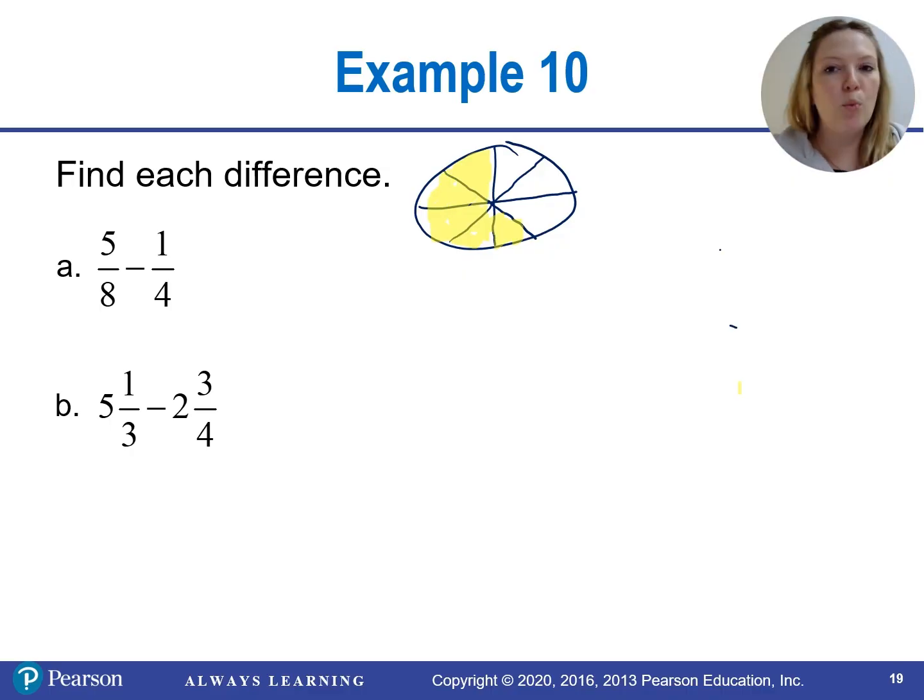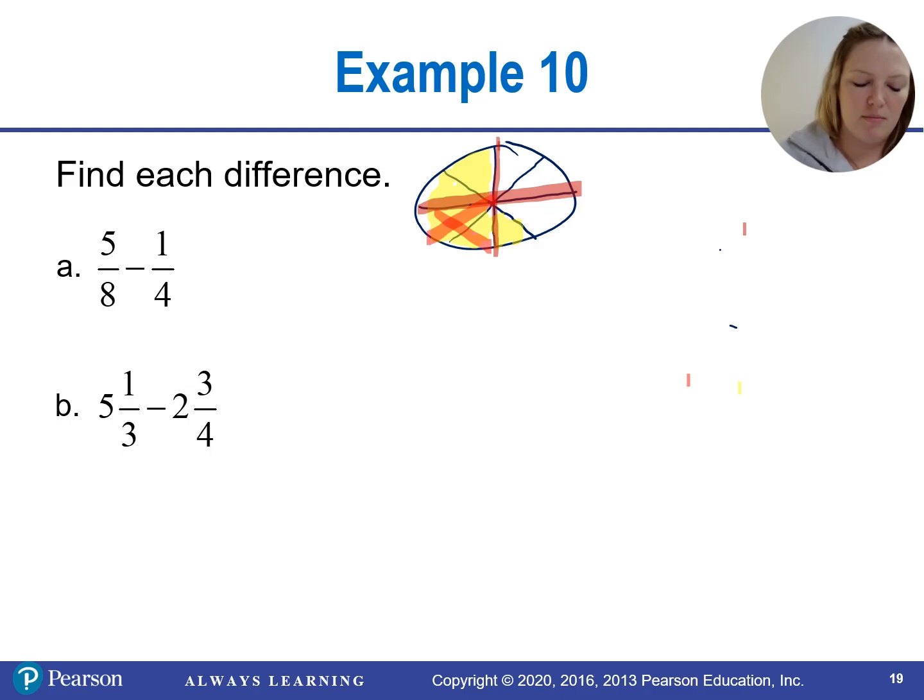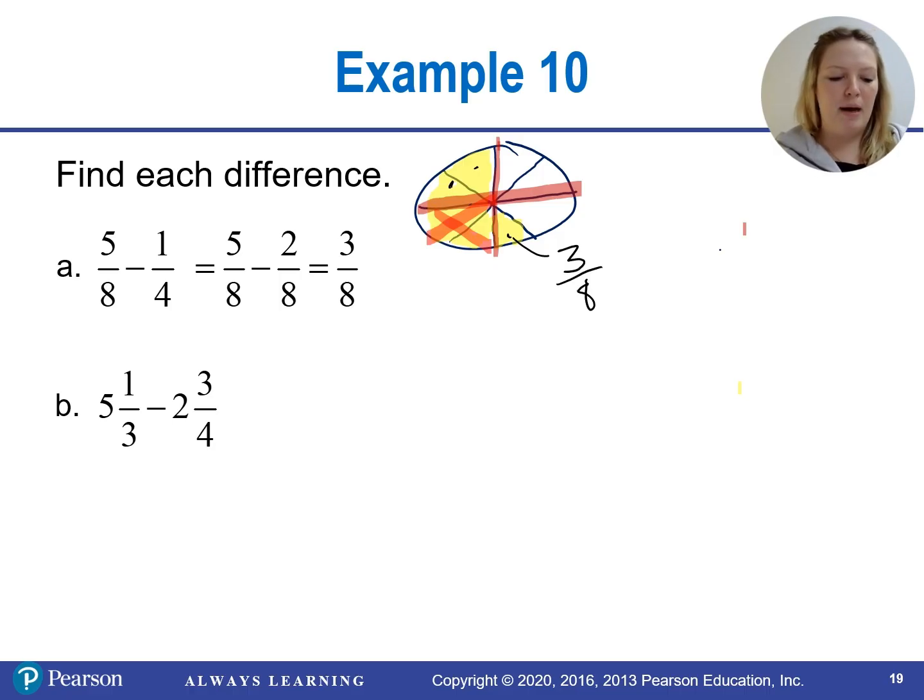And if I want to subtract 1/4, I could think about my circle in fourths and just take away 1/4. And that leaves me with 1, 2, 3 pieces of size 1/8, or 3/8. You could do this algebraically too by just switching 1/4 into 2/8 by multiplying the numerator and denominator both by 2.